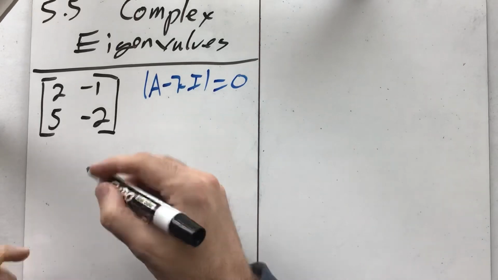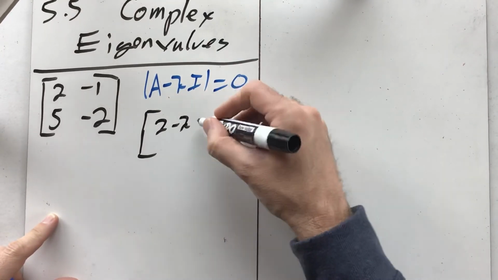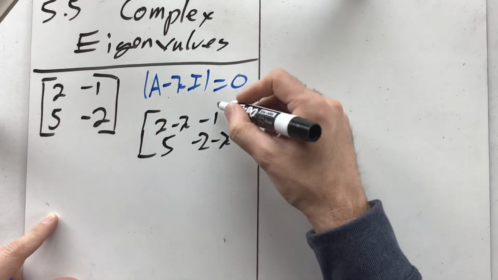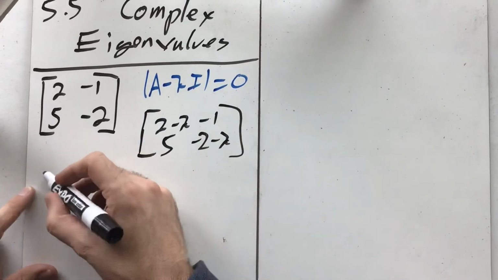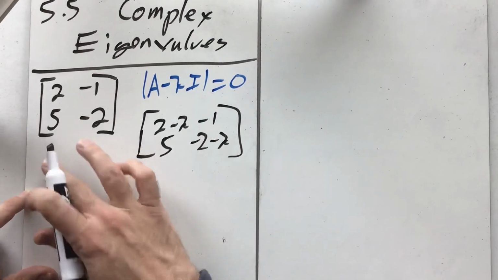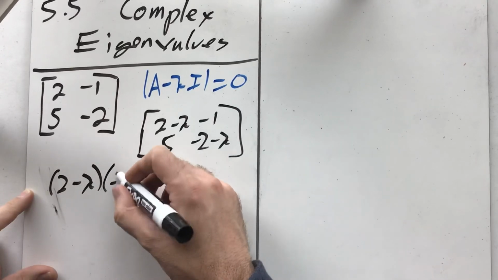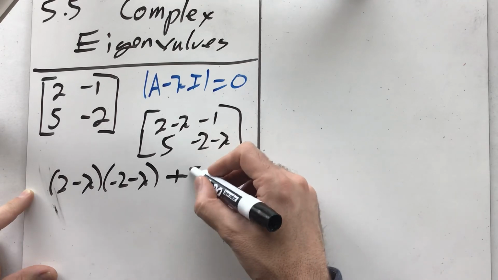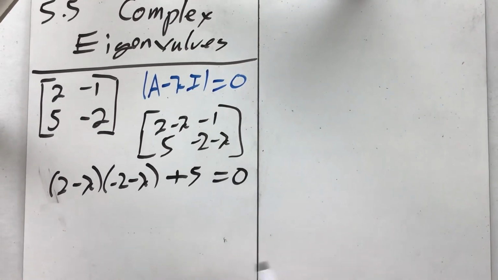So the determinant here is 2 minus lambda, negative 1, 5, and negative 2 minus lambda. And then we put this together, and what you'll see is that we've got 2 minus lambda times negative 2 minus lambda plus 5 equals 0.